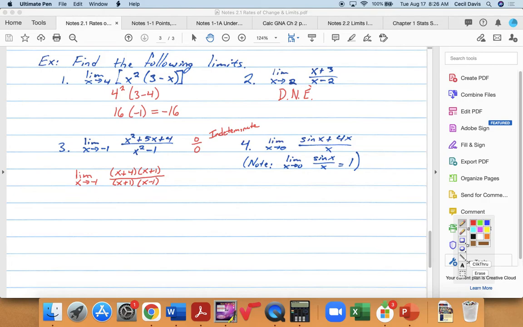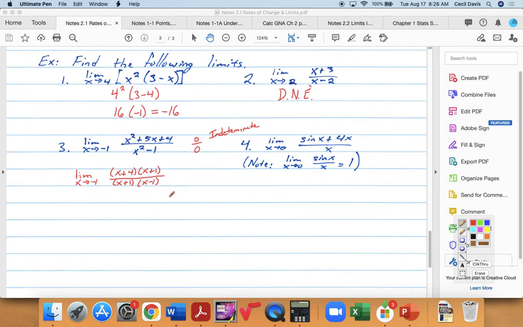You can cross out the x plus 1. Yes, because it's a limit, you can. If it's not a limit, you cannot. Because right now, if you just look at the function, this function is undefined because it has 0 in the denominator.